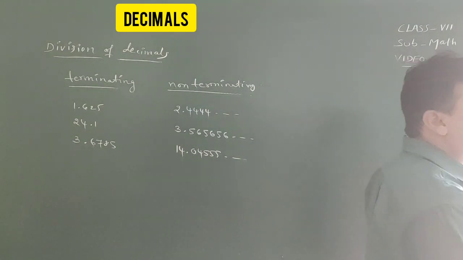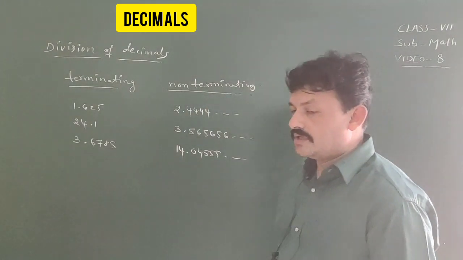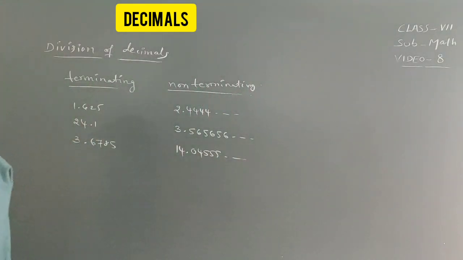Third, multiplication of a decimal by another decimal, division of a decimal by another decimal. These three situations we learn here. Now, word problems based on multiplication and division.